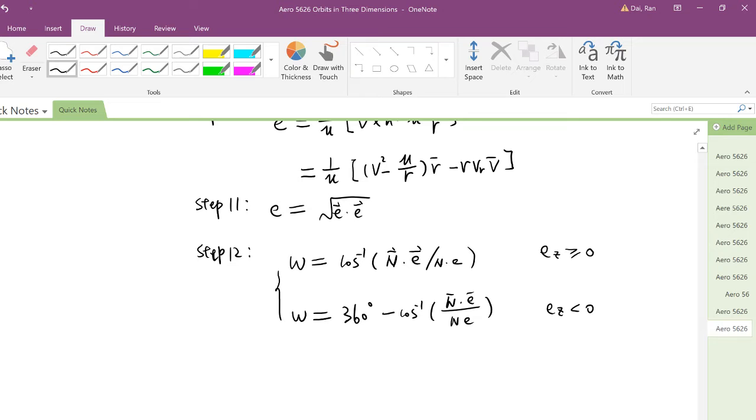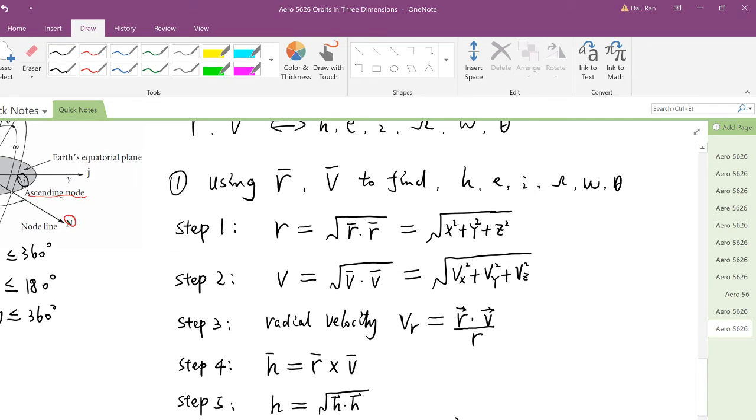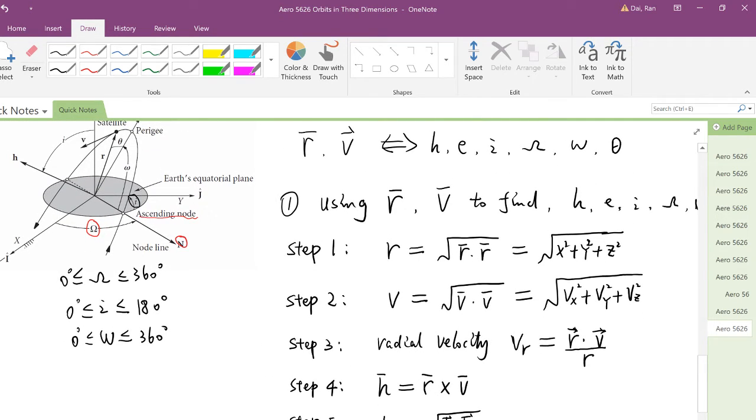Now, the only unknown elements we haven't defined is the true anomaly. And the true anomaly, as you can see from this definition, theta, can be any angle between 0 and 360 degrees.